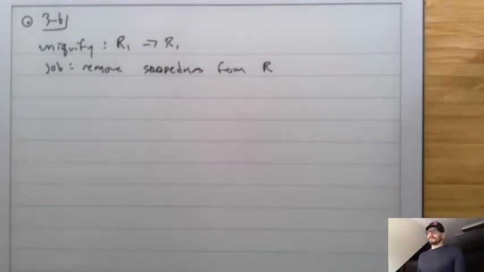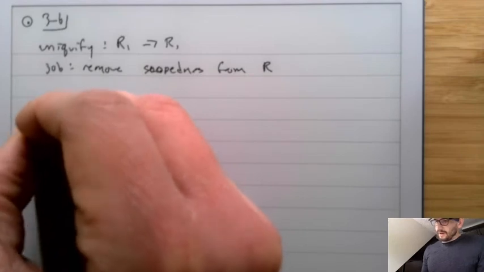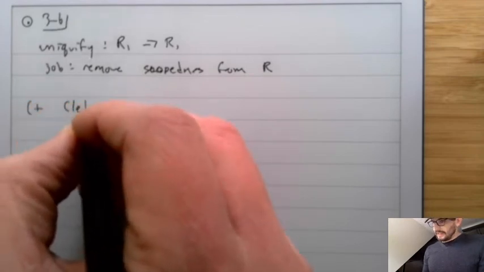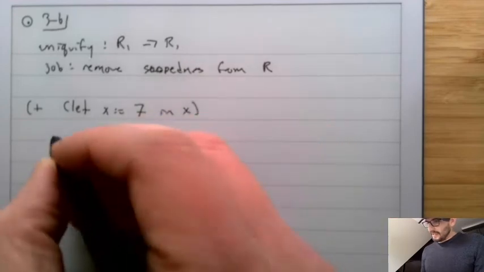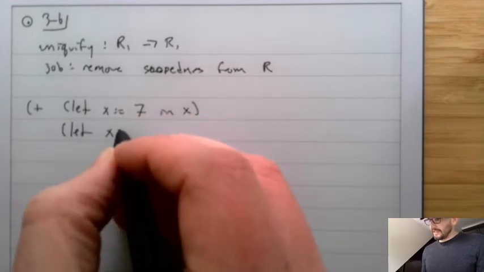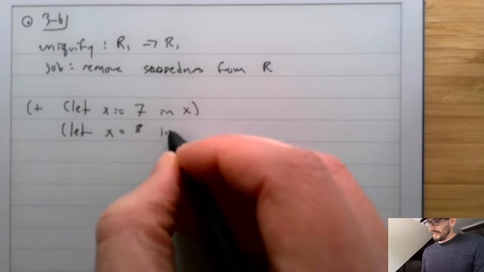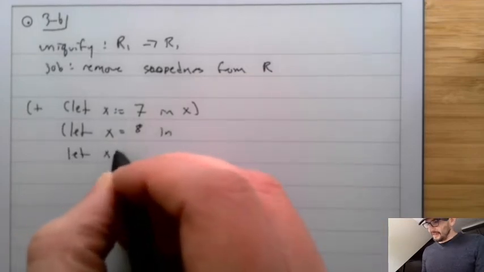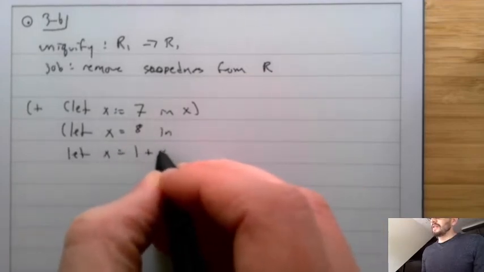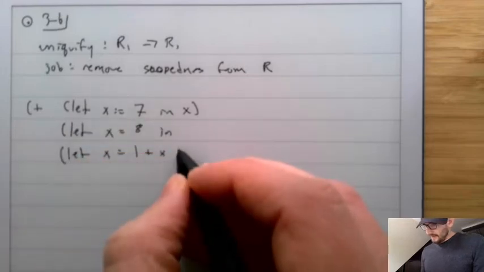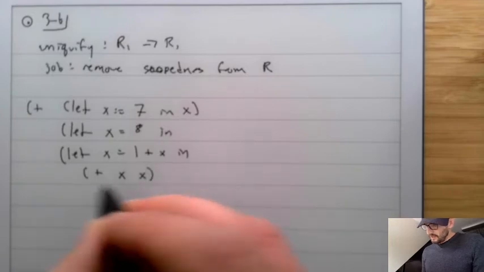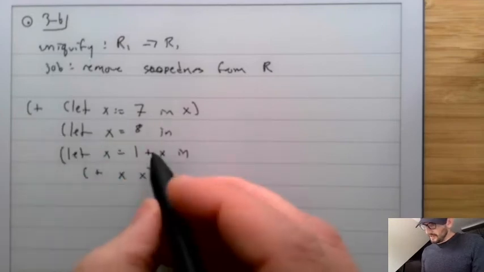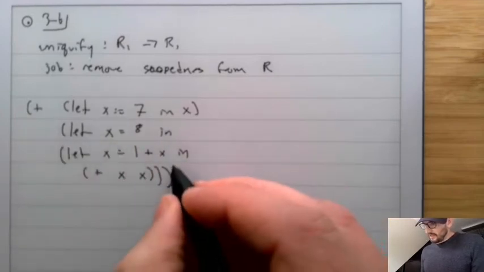For example, imagine that we had the program plus, let x equals 7 in x, and let x equal 8 in let x equal 1 plus x in plus x x. Close the plus, close the first let, close the second let, close the plus.